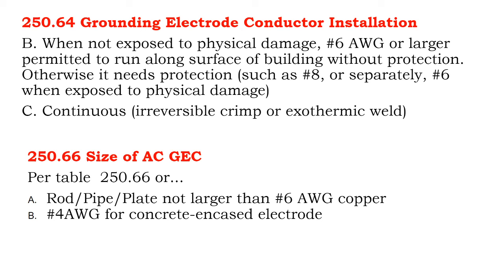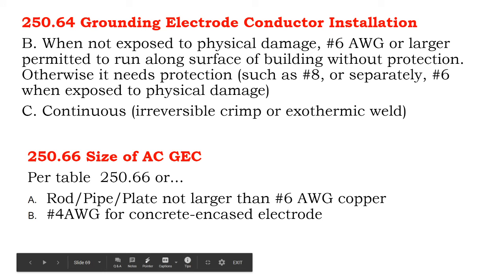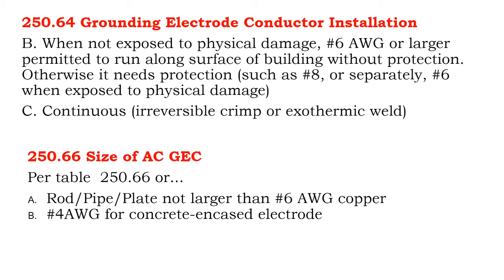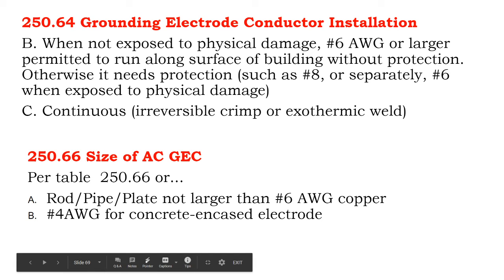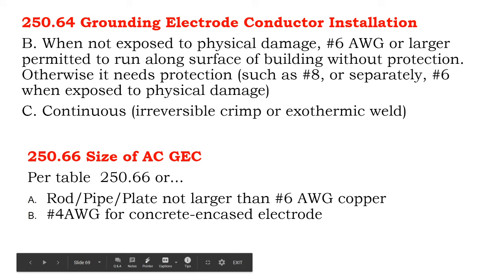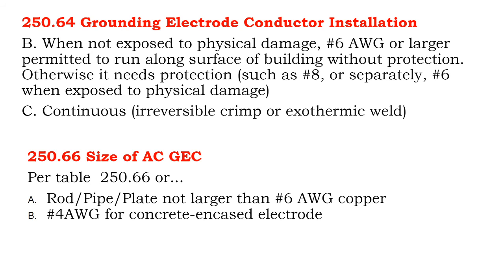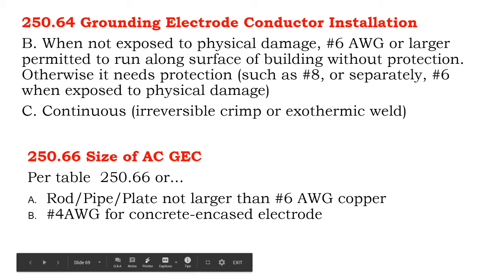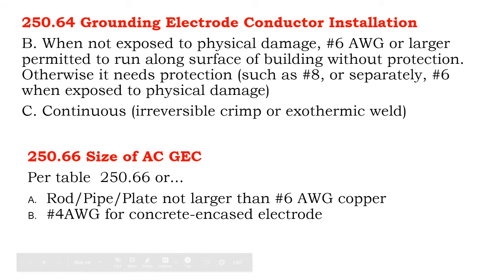If you're doing concrete encased grounding electrodes, the wiring has to be a little bit larger to that electrode. Normally, you're dealing with number 6, whether it's a rod, pipe, or plate, no larger than number 6. But particularly with concrete foundations, where you're using the rebar of the concrete or putting a ground rod into that concrete, you need to use something slightly larger because that concrete is less conductive than normal soil.